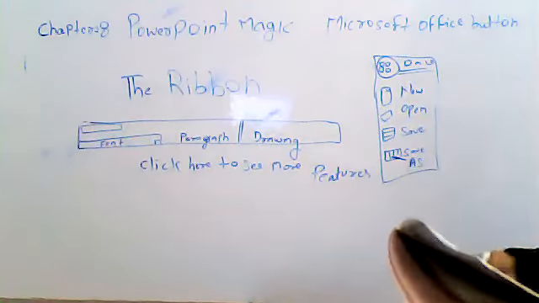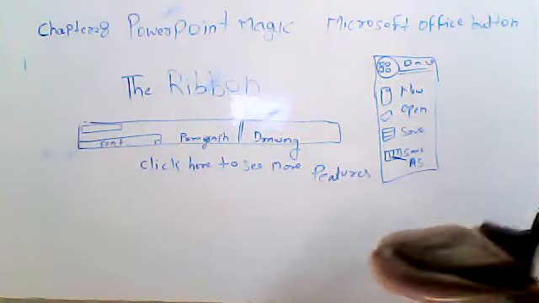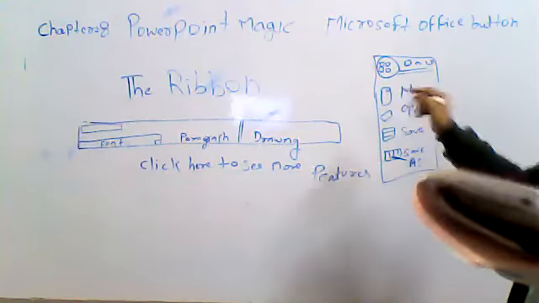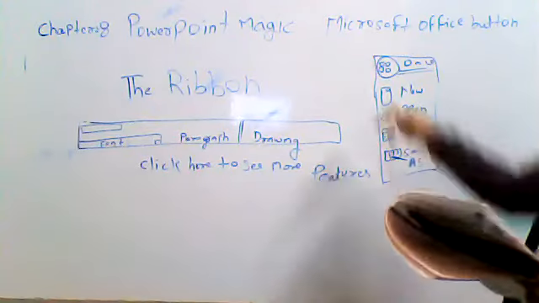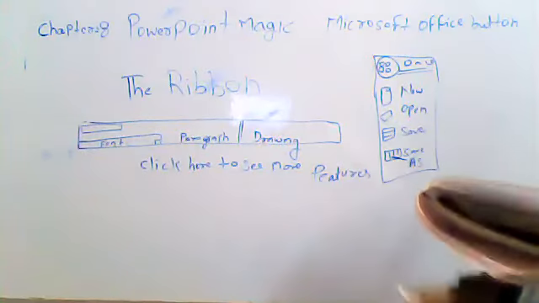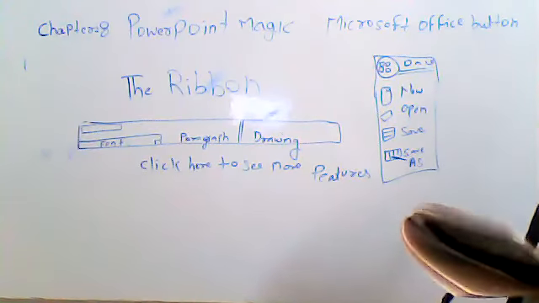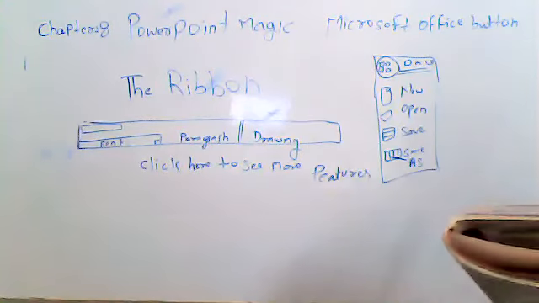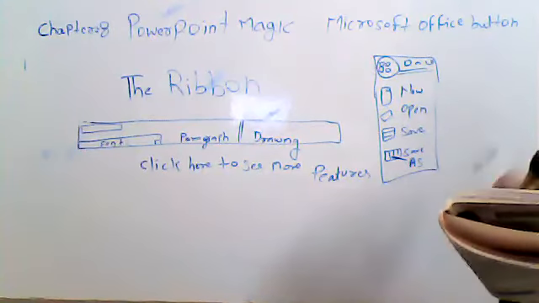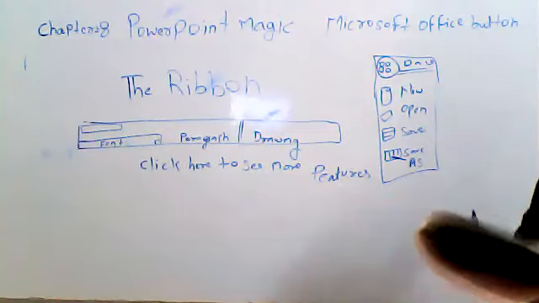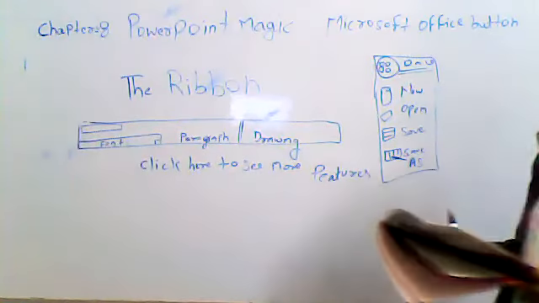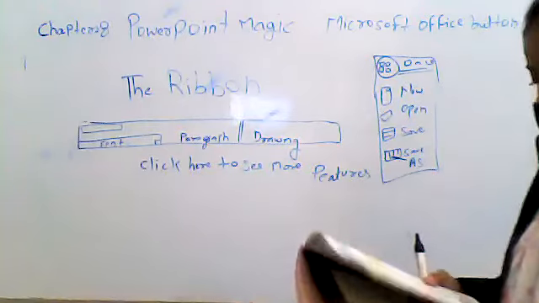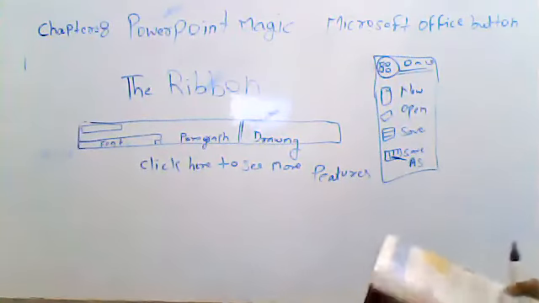Save as. This is a Microsoft Office button. The Microsoft Office button lets us create a new presentation, open an existing presentation, save a presentation, close a presentation, etc.